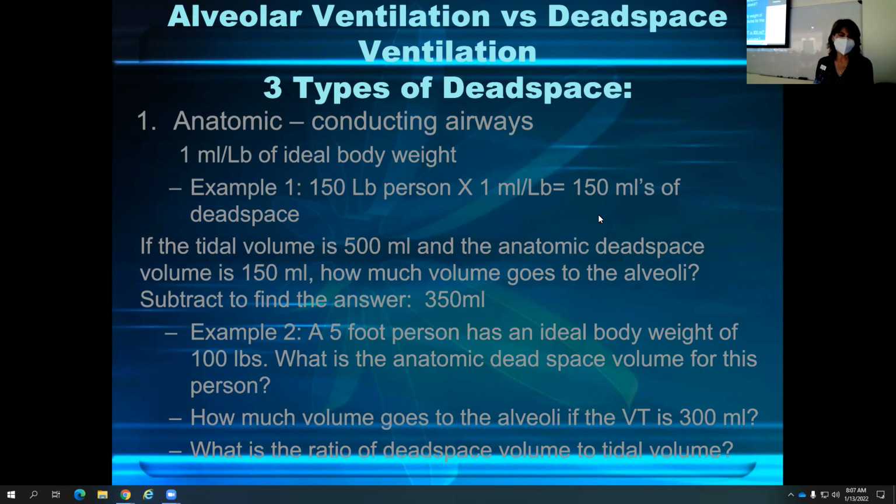Then the last question, what is the ratio of dead space volume to the tidal volume? So to get the ratio, you divide. You've got the anatomic dead space on top, the tidal volume on the bottom. So 100 over 300 is what you do. The anatomic dead space on top, the tidal volume on the bottom. 100 over 300.